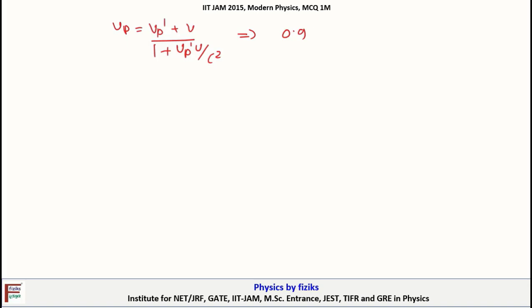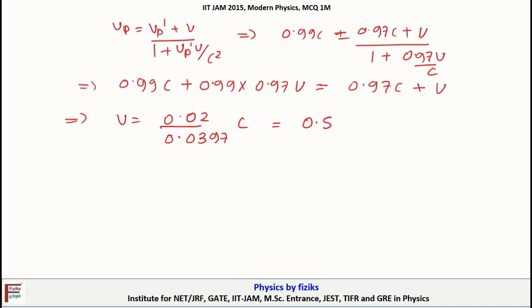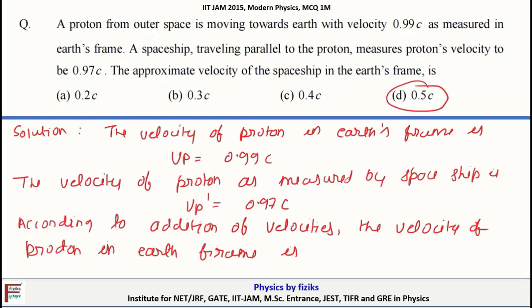This can be written as 0.99c equals (0.97c plus V) divided by (1 plus 0.97V by c), which implies 0.99c plus 0.99 into 0.97 V equals 0.97c plus V, which gives V equals 0.02 divided by 0.0397 into c, that means 0.503c or 0.5c. So our answer would be 0.5c.